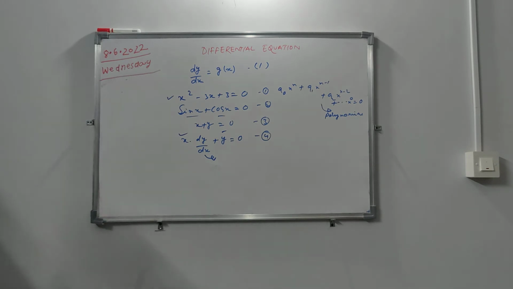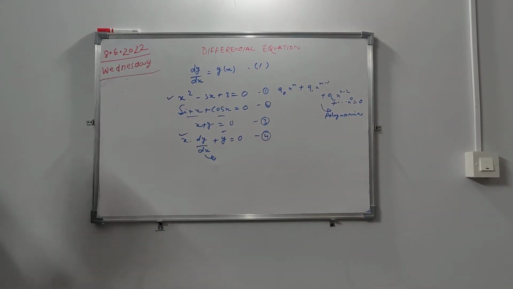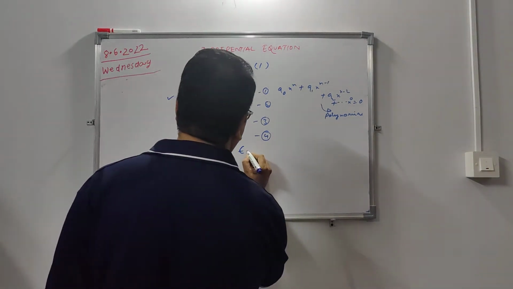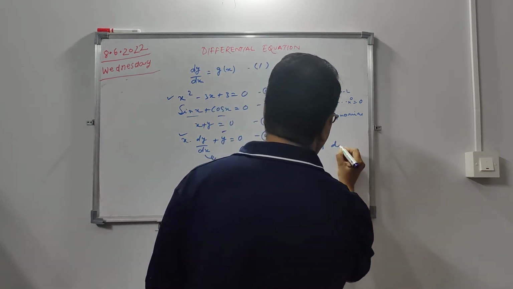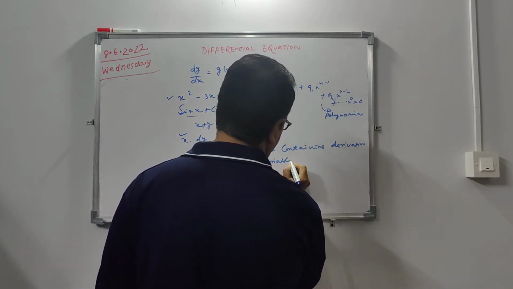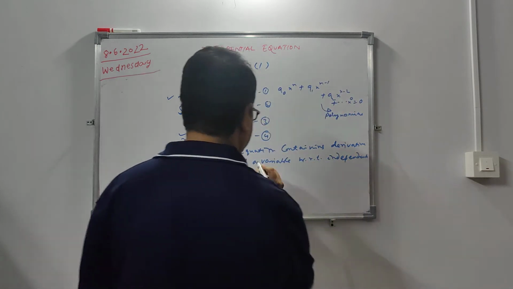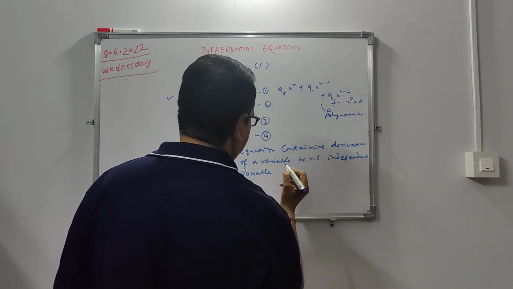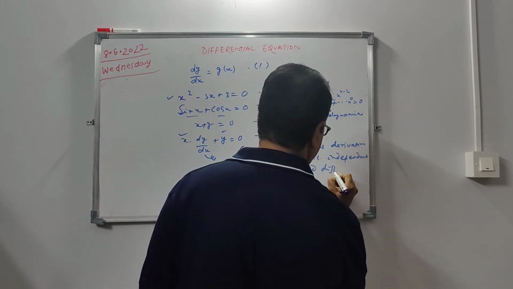So an equation containing the derivative of a variable with respect to an independent variable is called a differential equation. Here the independent variable is x.